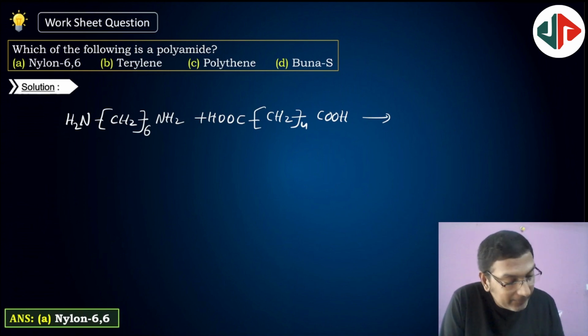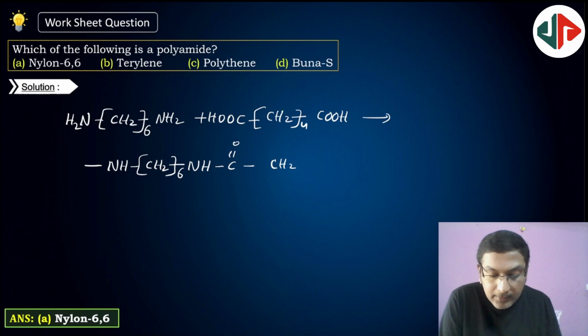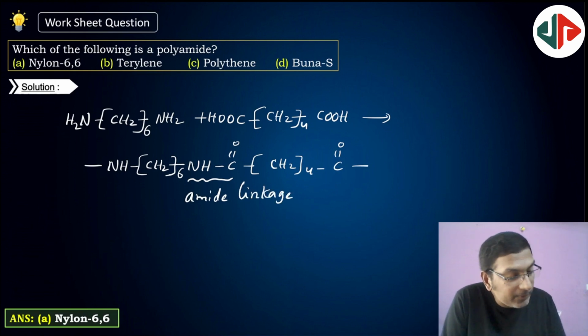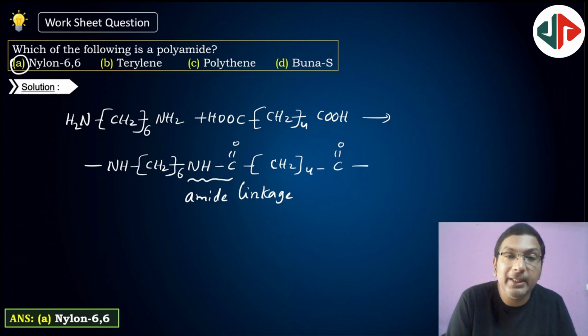So it will give (CH2)6 NH CO (CH2)4 CO and so on. So here amide link is present. Amide linkage. Therefore option A, hexamethylene diamine and adipic acid will give amide linkage.